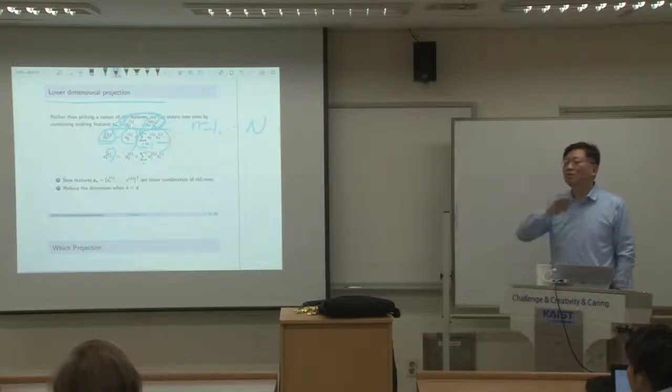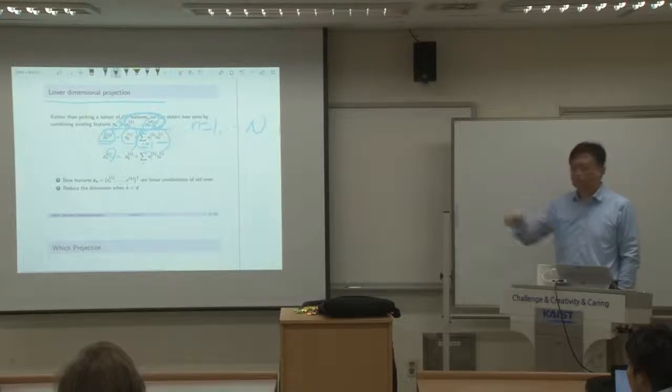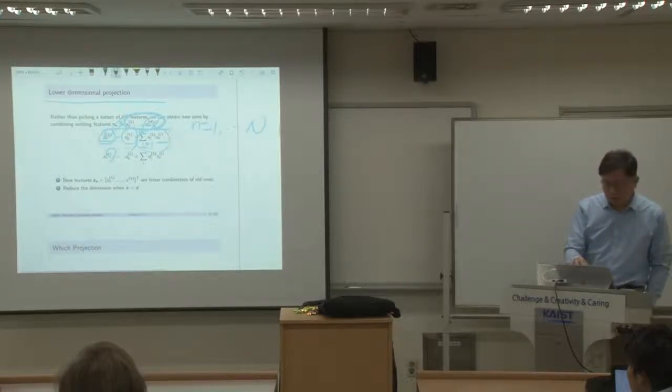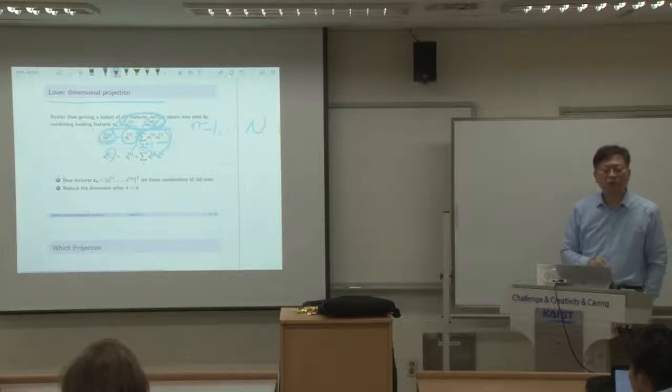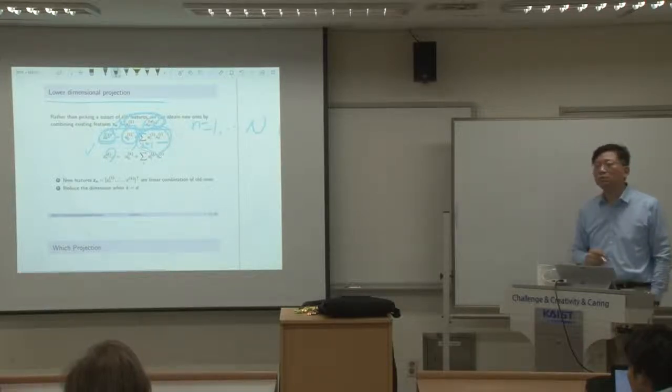So I have d-dimensional data. I take some linear combination, add bias, and convert it. And I have K of them. And how do I represent this by a matrix?